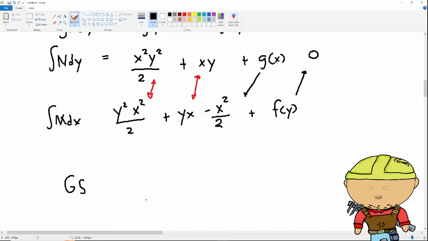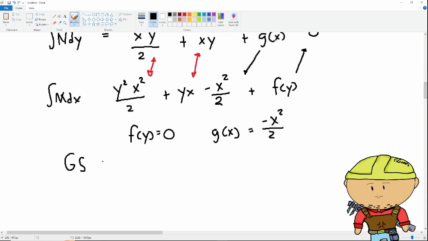Because there's no y-only term on the opposite side, f of y is 0. And because we have negative x squared over 2 on the mdx equation, that's g of x.